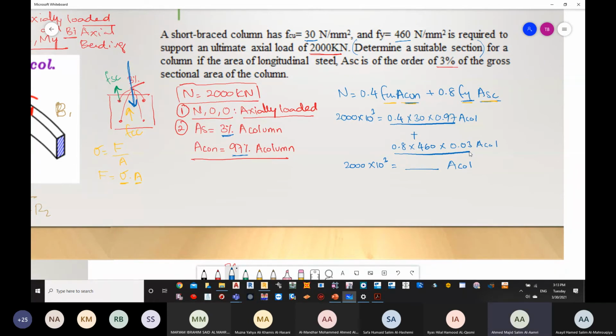Okay, so that's going to be 22.60. Now, if we want to find our area of the column, then my area of the column is going to be 2000 into 10 to the power of 3 divided by 22.60. Can you give me this value?